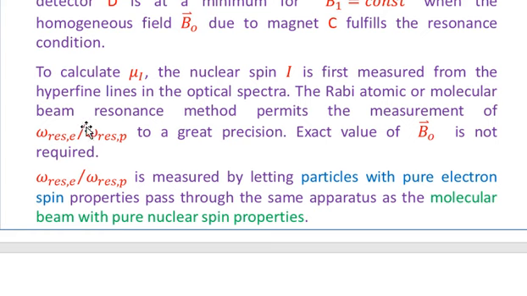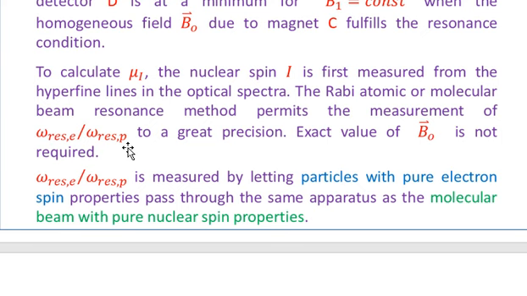The Rabi atomic or molecular beam resonance method permits the measurement of this ratio, that is the ratio of omega E to omega P. This omega is the resonance frequency, where E means it is the resonance frequency for the electron, and P for the proton or the nuclei.